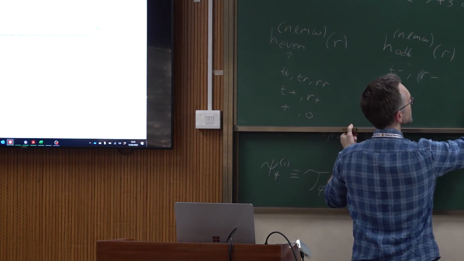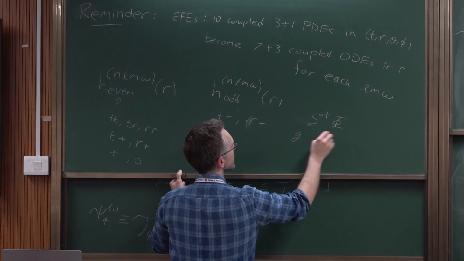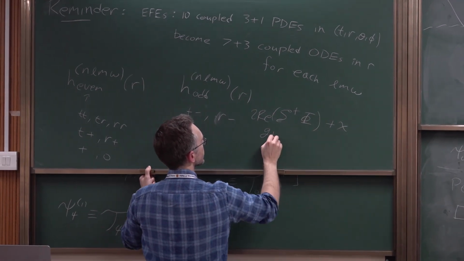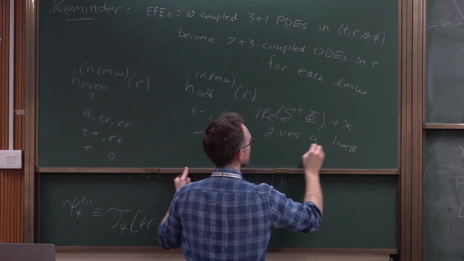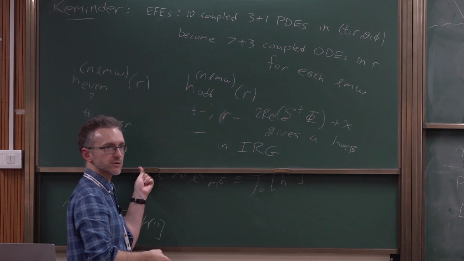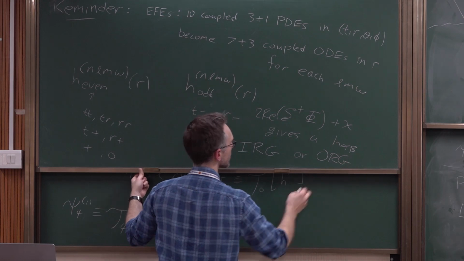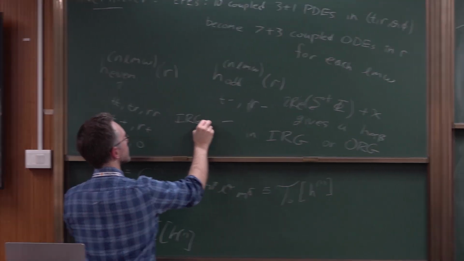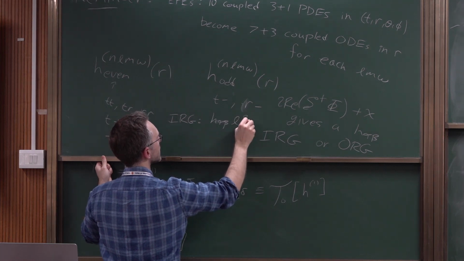So this S dagger phi plus x gives us a perturbation in the ingoing radiation gauge, IRG, or the outgoing radiation gauge, ORG, where those are defined by the conditions h alpha beta l^beta is equal to 0.